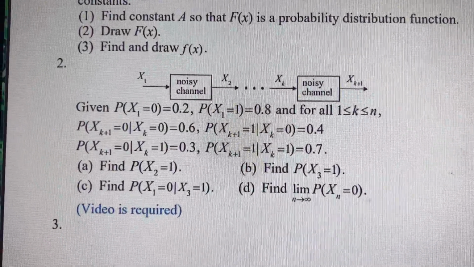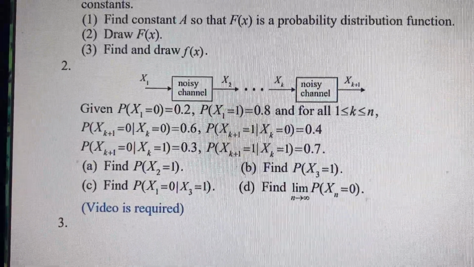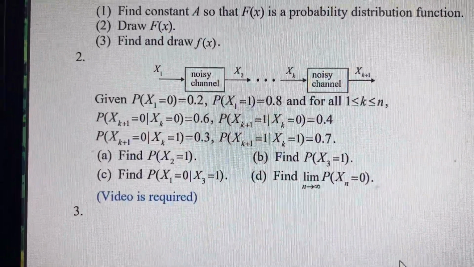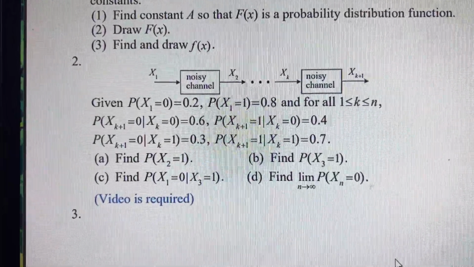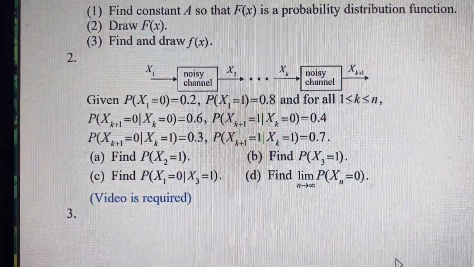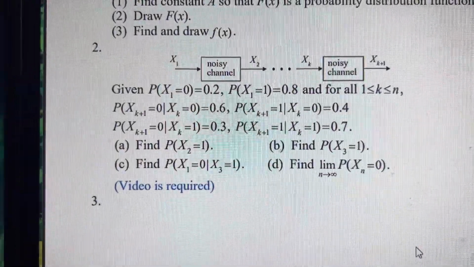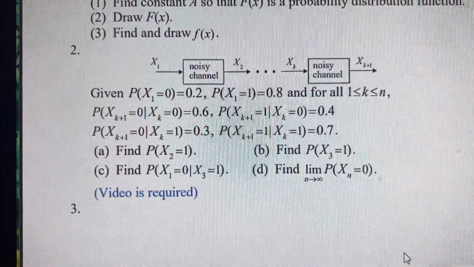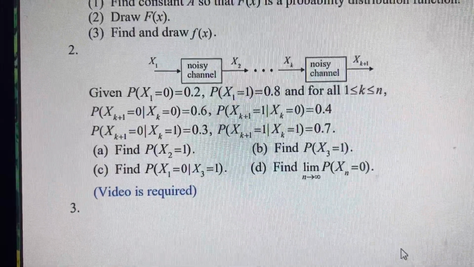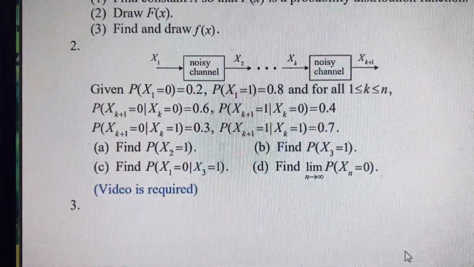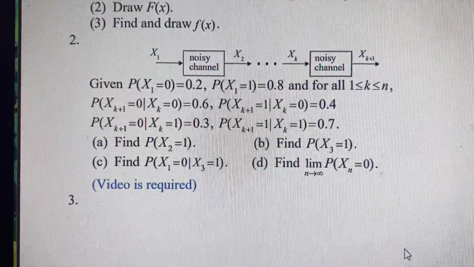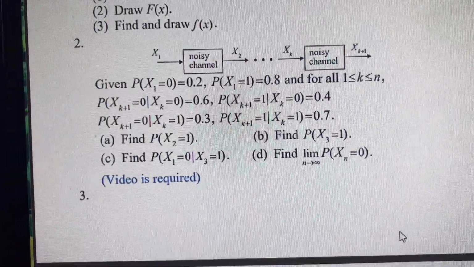They also gave that when x(k+1) is 0 with 0 as the input, it is 0.6, and with 1 as the input it is 0.4, and with 0 as the input and 1 as the output it is 0.3, and with 1 as the input and 1 as the output it is 0.7. So the first task is to find the probability that x2 equals 1, so we need x1.